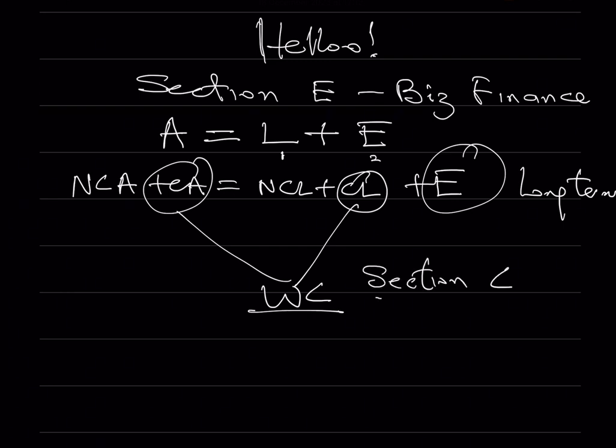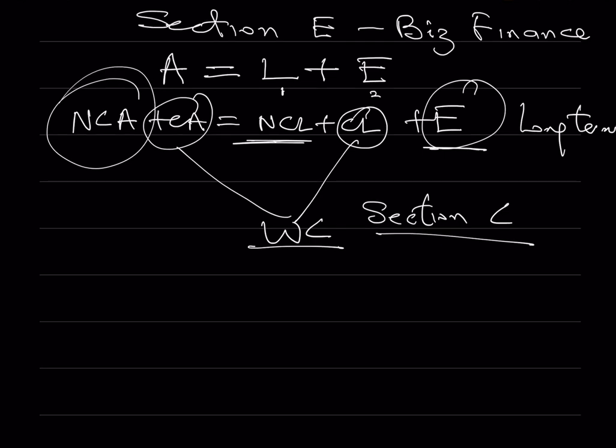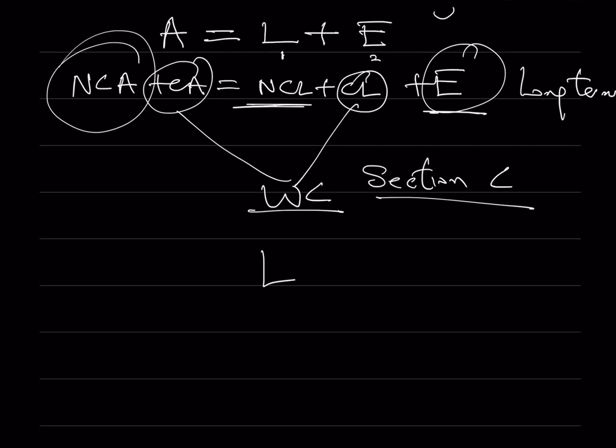We've dealt with this one, and now we're focusing on financing the non-current asset, using either long-term debt, or equity, or we can use both of them. Today we're starting with equity. I've explained what equity is to you, and I've explained what debt is to you.